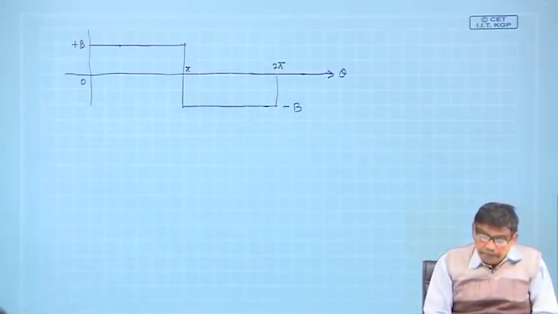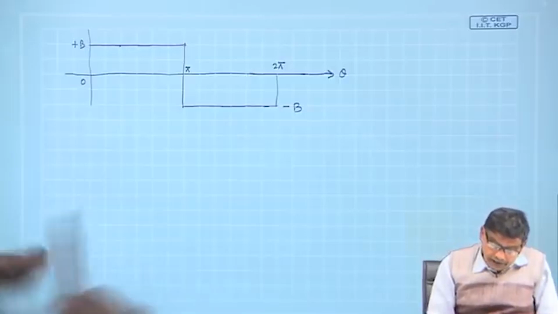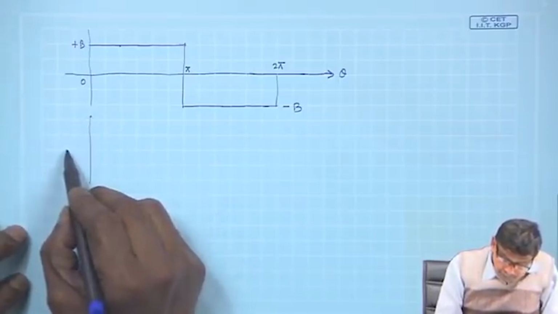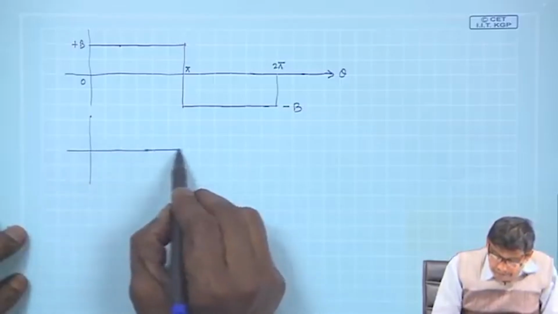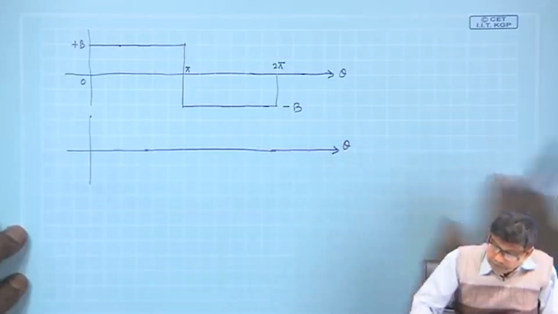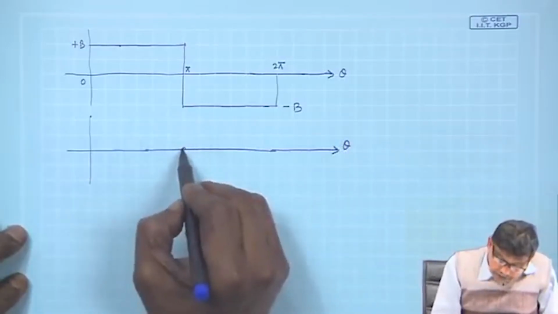Now, if you break it up into a fundamental component, this is theta and this is your pi.